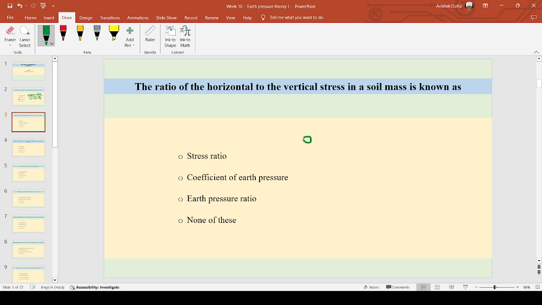Because the horizontal stress is always a function of the vertical stress. This function is called the coefficient. So the ratio becomes like this, the coefficient of earth pressure.